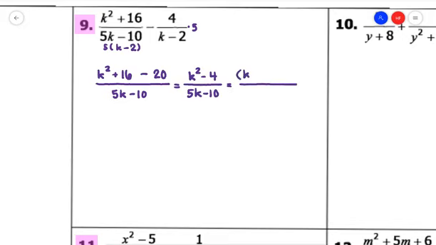So k squared minus 4 is the difference of squares, so I have k minus 2 and k plus 2. And 5k minus 10 we know is 5 times k minus 2. So on top and on bottom I have k minus 2. So simplified, my answer would be k plus 2 over 5.